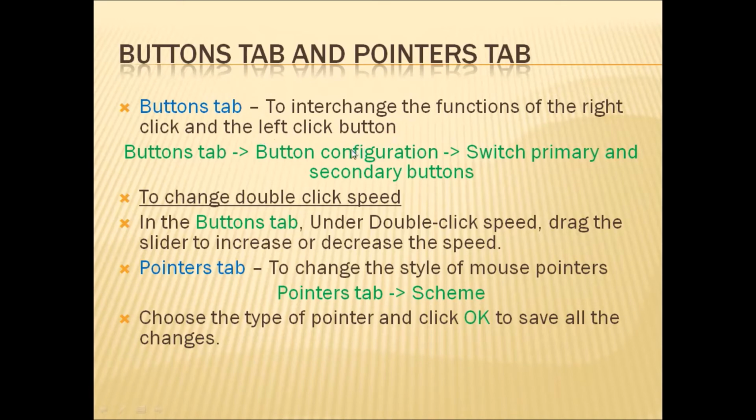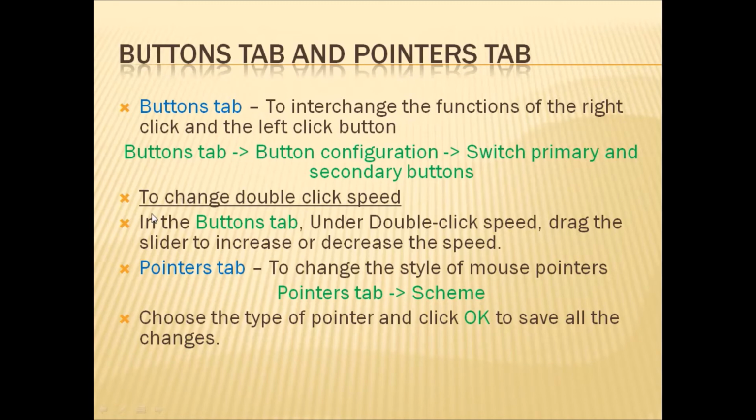For that, we should go to the Buttons tab, then go to Button Configuration, and then switch primary and secondary buttons. You have to tick the checkbox of switch primary and secondary buttons. Now the functions of the left click and the right click will be changed.